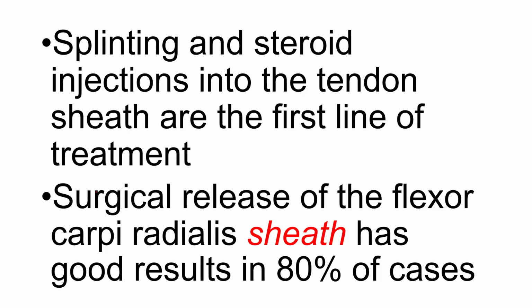Because tendons tend to weaken the intercollagen connections, and therefore they can rupture with injections within the tendon. Surgical release of the flexor carpi radialis sheath has good results in 80% of the cases.